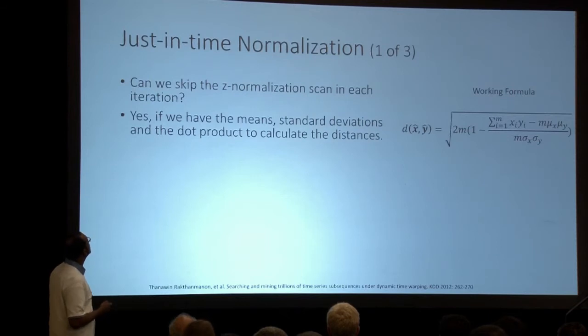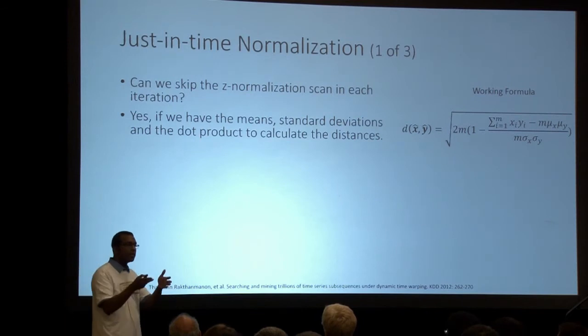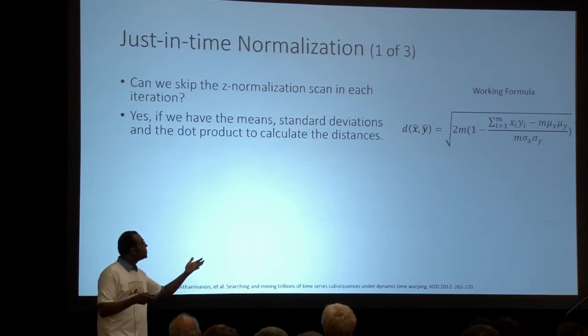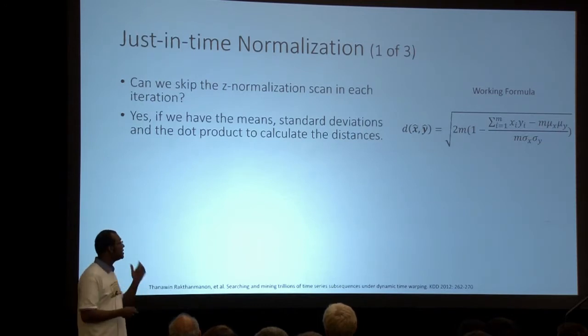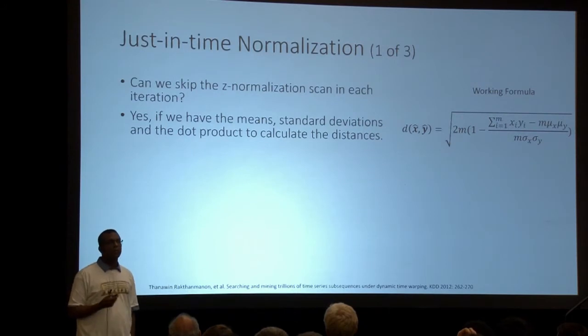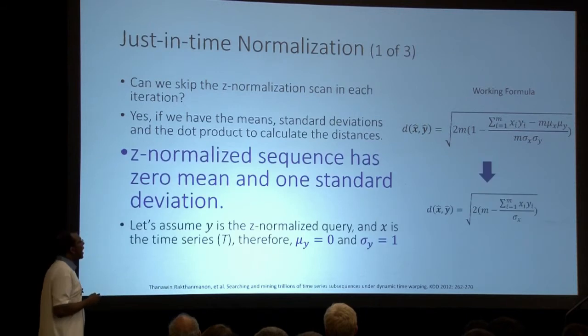We have already seen that we can avoid calculating the normalization within the loop. Instead, we can use our working formula. If we know the means, standard deviations, and the dot products, then we can calculate the z-normalized Euclidean distance on the fly without normalizing the sequence. And we are going to use this observation, which is a standard result in elementary statistics, that z-normalized sequences have 0 mean and 1 standard deviation.